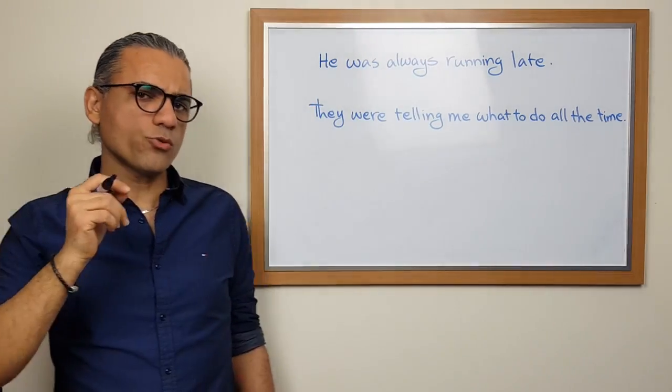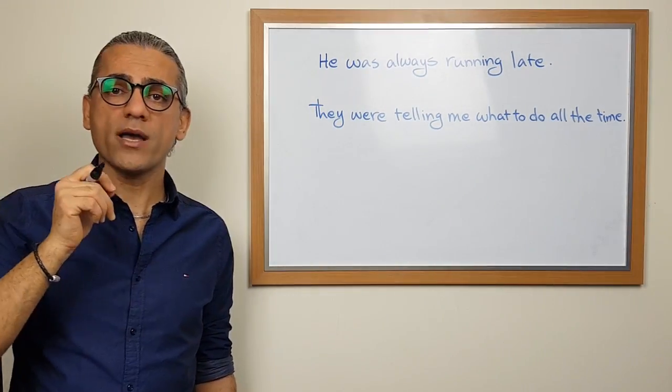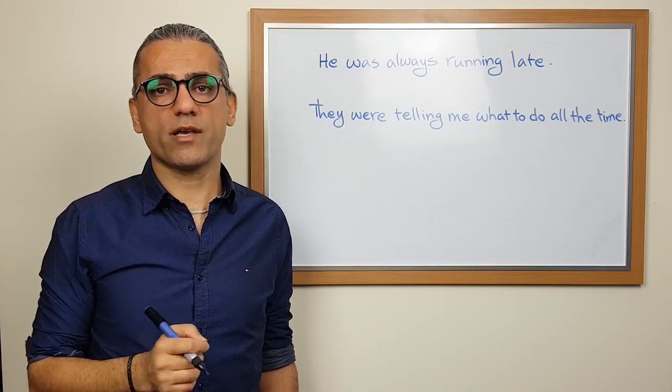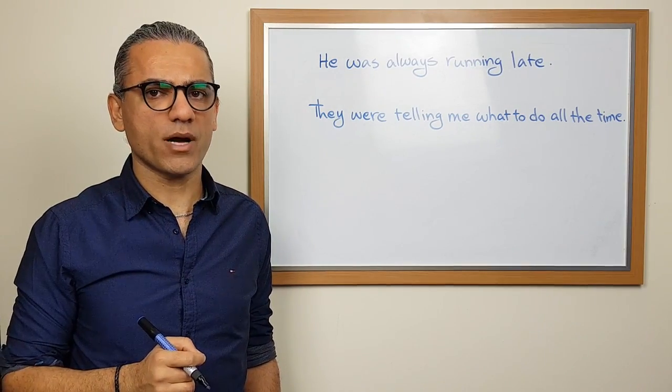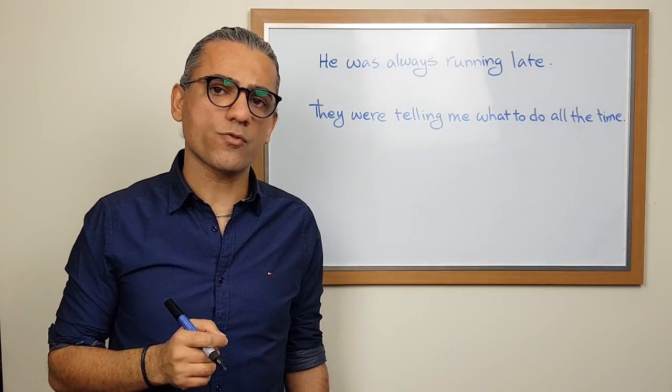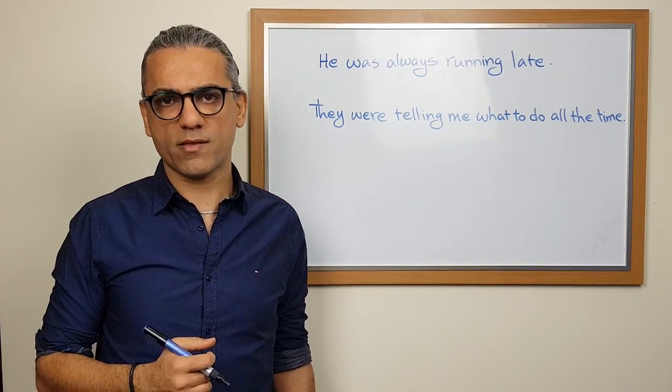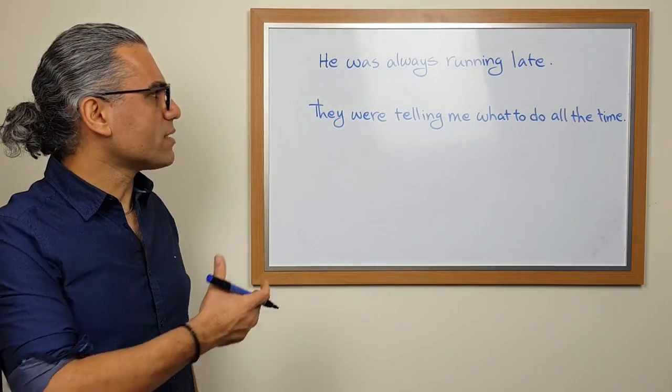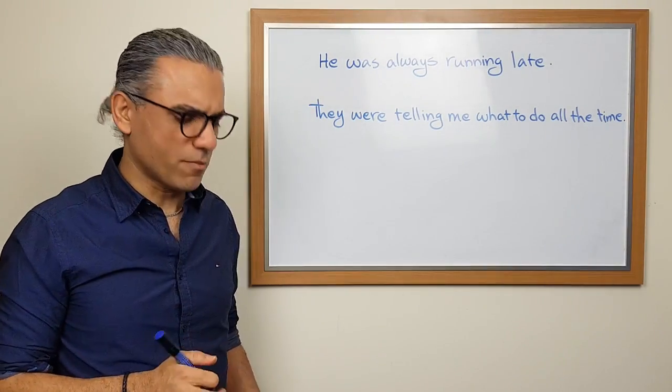Now, I told you we use past continuous to describe an action which was in progress at a specific time in the past. And I also told you that we use past continuous to describe the background events of a story. But these two examples are none of them.